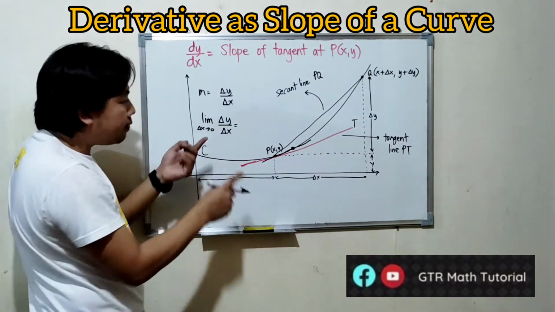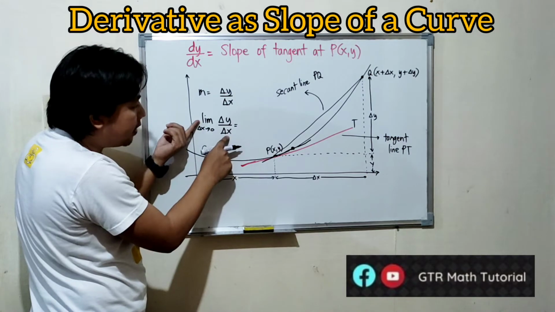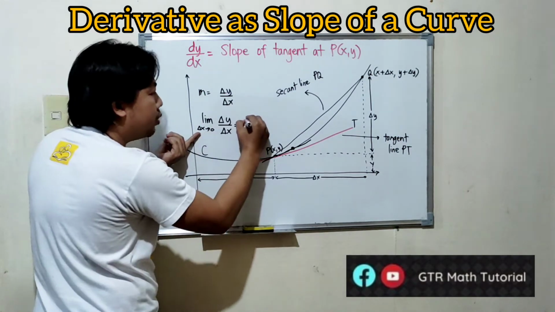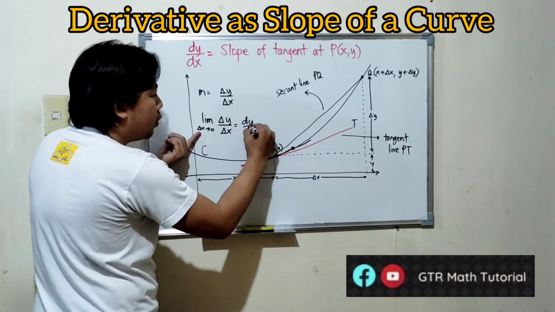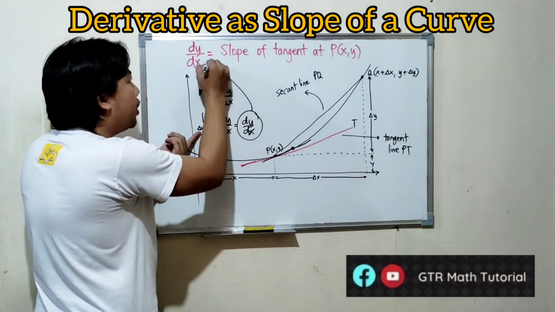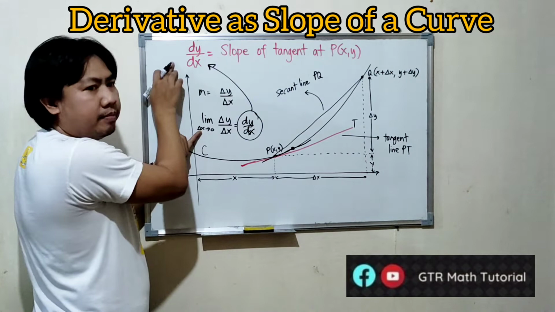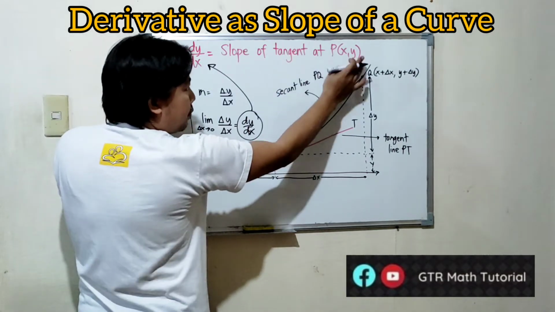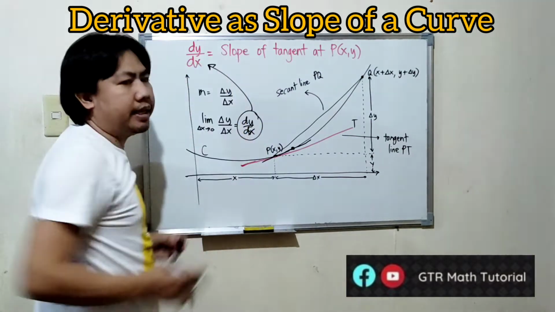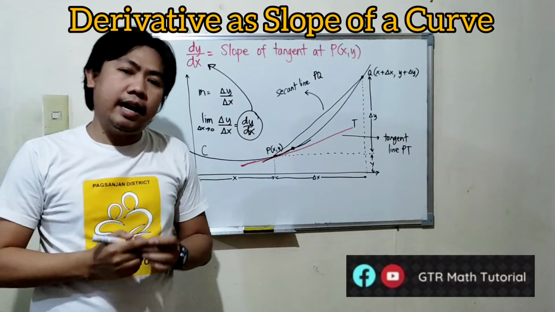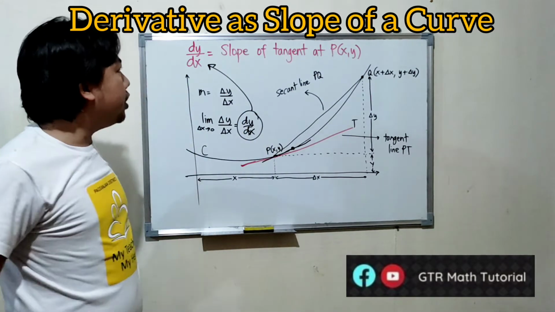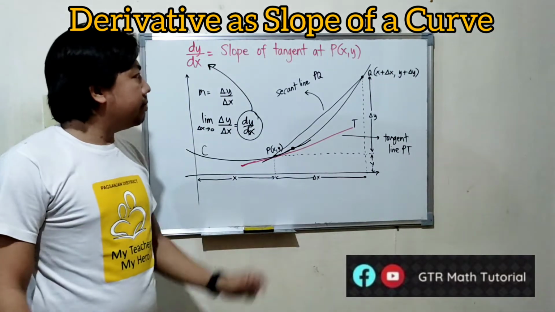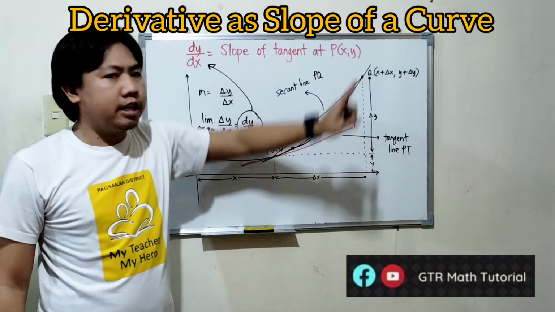So by the definition of derivative, limit of delta y over delta x, the slope, as delta x approaches 0 is equal to the derivative of y with respect to x. So therefore, the derivative is the slope of the tangent line at the point of tangency xy. Okay, so that's the first definition of derivative as the slope of tangent at point of tangency xy.